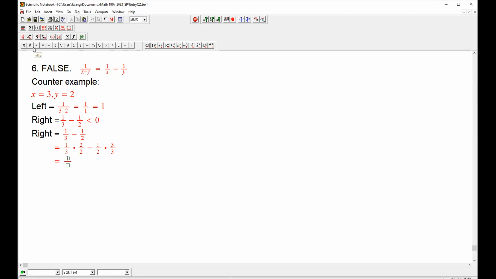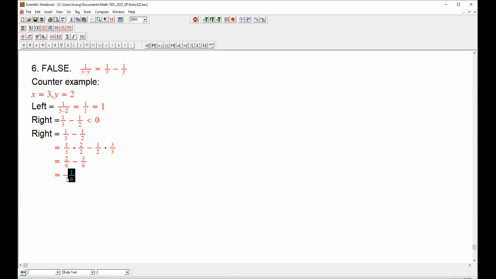And then you have 2 over 6 minus 3 over 6. And then you get a negative 1/6.